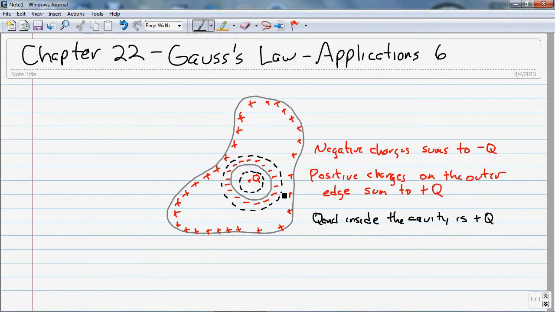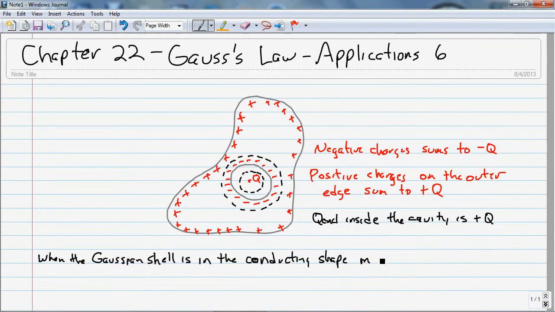When I have the Gaussian shell inside the conductor, well, what's my enclosed charge? So when the Gaussian shell is in the conductor, my Q enclosed, well, it's going to be the sum of all the charges.